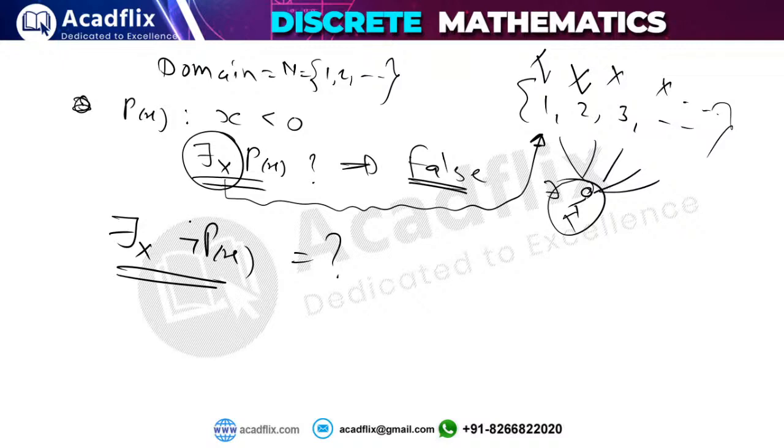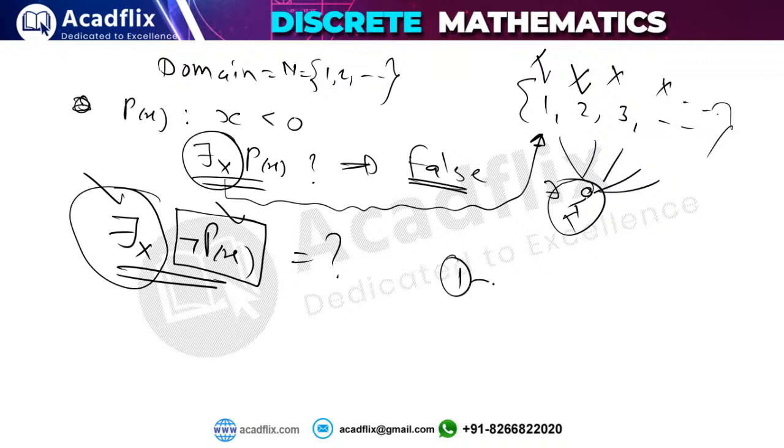Remember, this statement is saying there exists x for whom this thing is true. What is this thing? This is the negation of P(x). For the element 1, the negation of P(1) is true. Why?